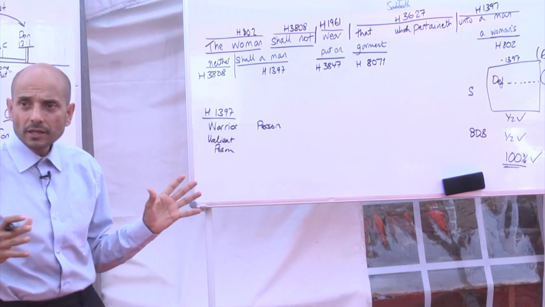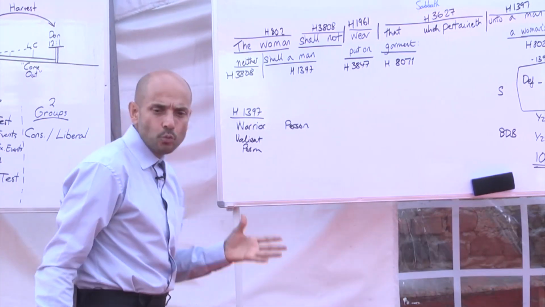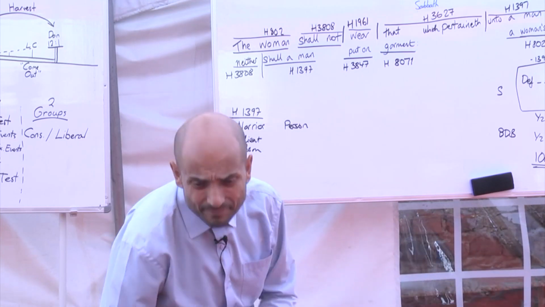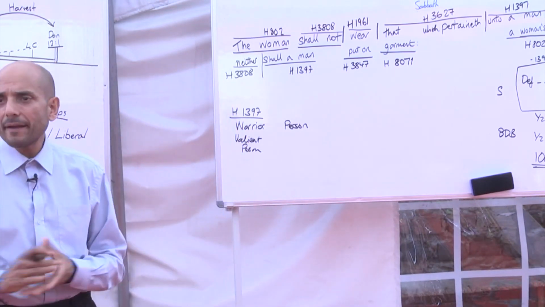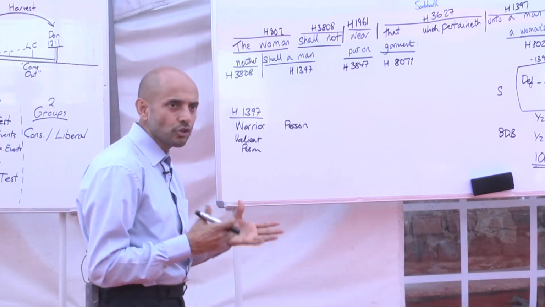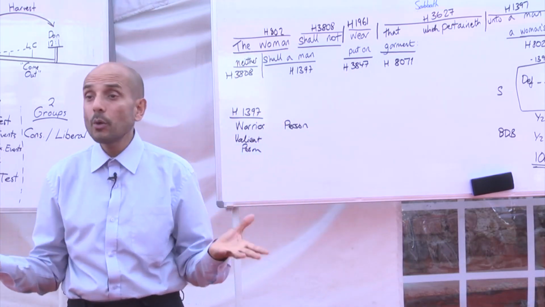Now Strong, he's a clever person. He knows that Hebrew word, Gibbor. He knows everything about that. But this is a simplified book, Strong's Concordance. It's not for theologians. It's for people like us who don't know anything.